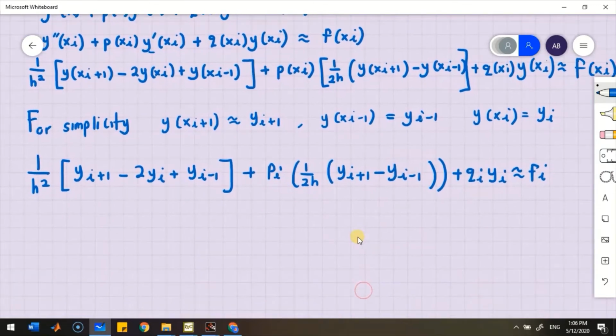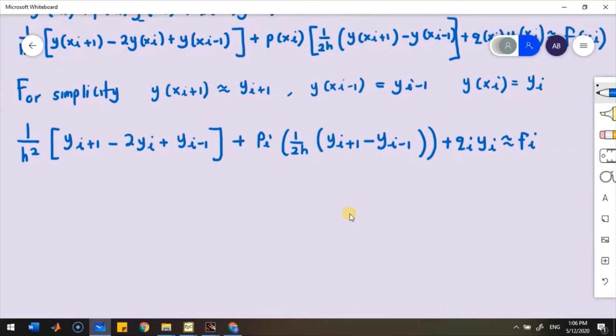See, it's much easier writing in terms of i than in terms of x.